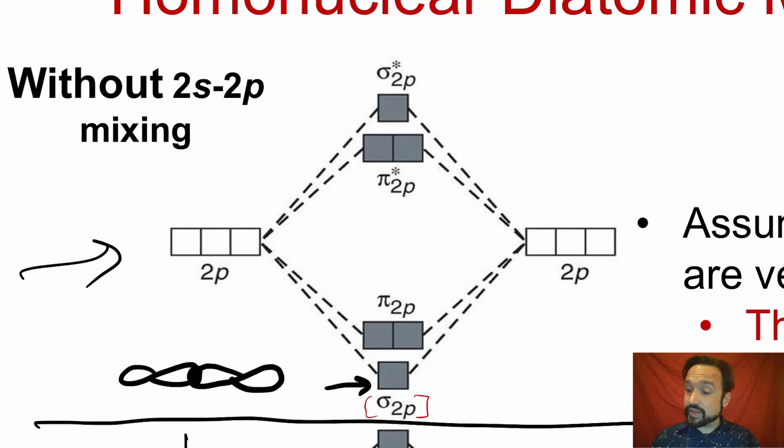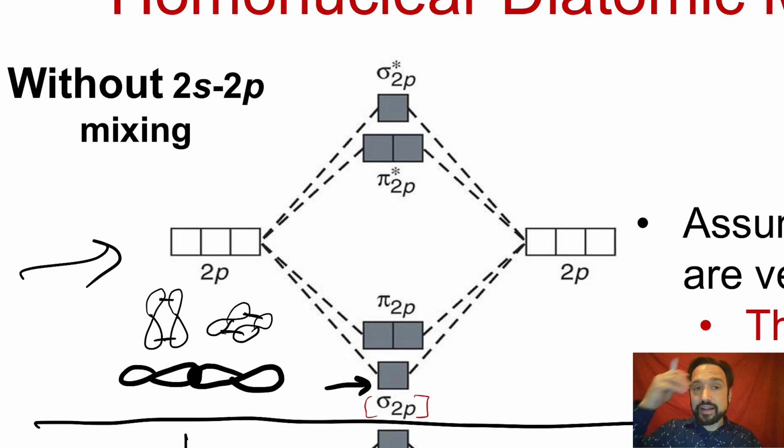Now, p orbitals can also interact in a couple different ways, which is to say I can form pi bonds. And we talked about the fact that I can be in the plane of the page, or I could be in front and in back of the page and have that side-to-side overlap. This is going to be on the other side of the internuclear axis. So, because I've got two different orientations in which the p orbitals can overlap, I've got not one, but two boxes in my molecular orbital diagram for my bonding, and therefore anti-bonding, pi interactions.